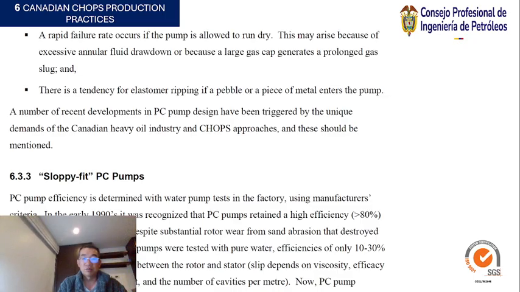When one pump was tested with pure water, efficiencies of only 10 to 30% were found because of fluid slip between the rotor and the stator.